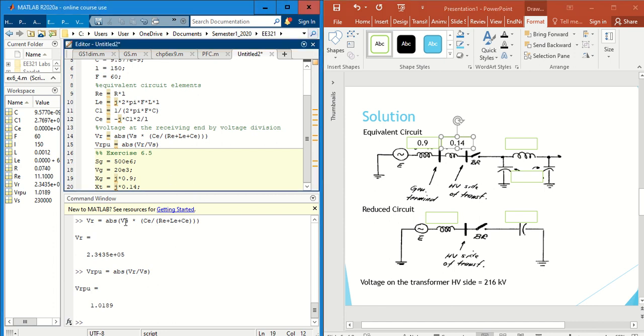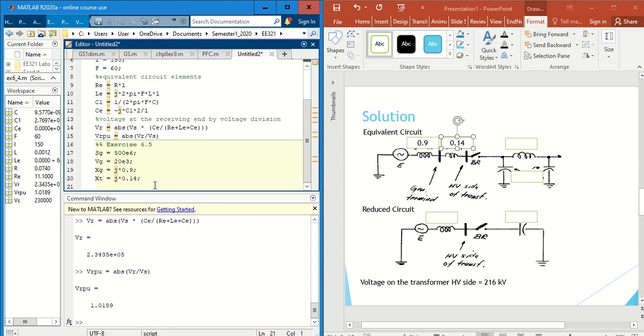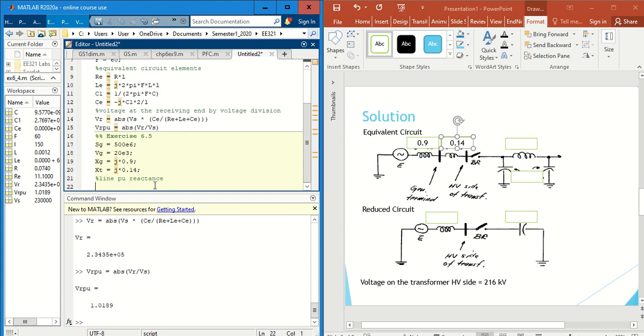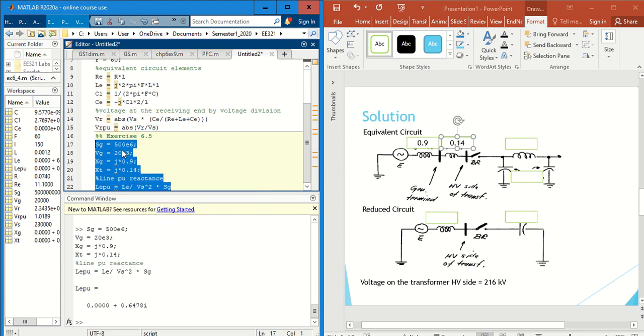Now we have to find again the equivalent values in per unit. So we're going to say the line per unit reactance: L equivalent per unit is equal to LE divided by Vs squared multiplied by Sg. Remember, we are still referring back to 6.4, as the question says. Let's evaluate all this.